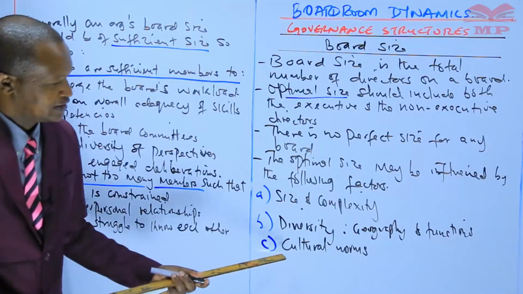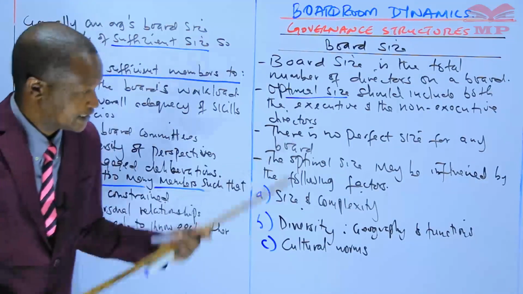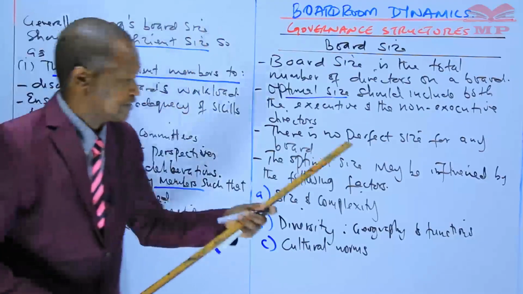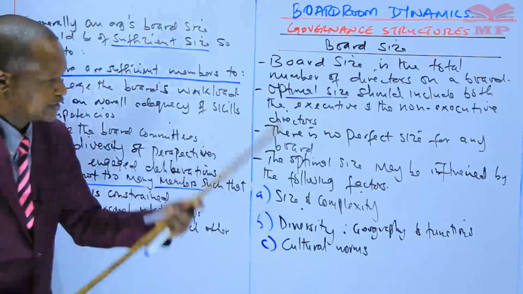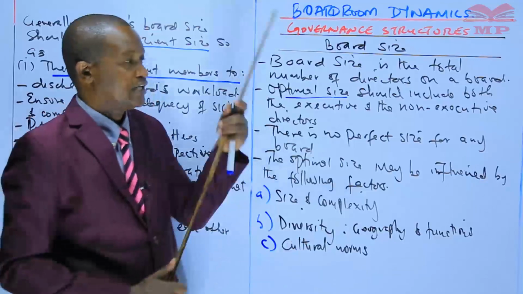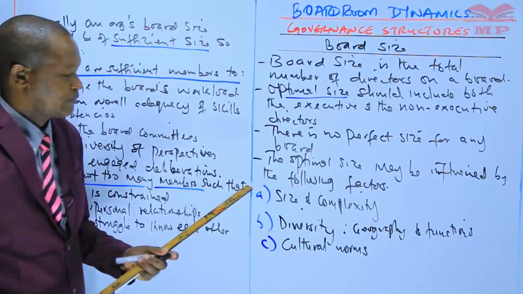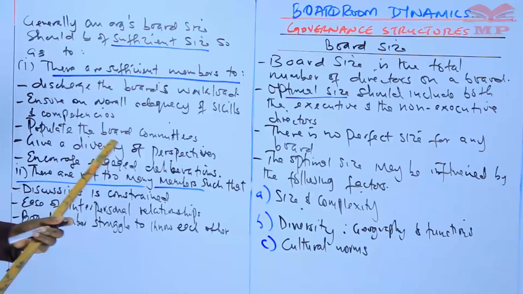I also stated that cultural norms can influence the size of a board, and we saw that generally, for example, university boards are generally large. That is an example, culturally.